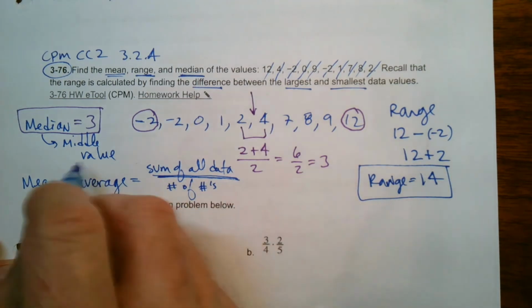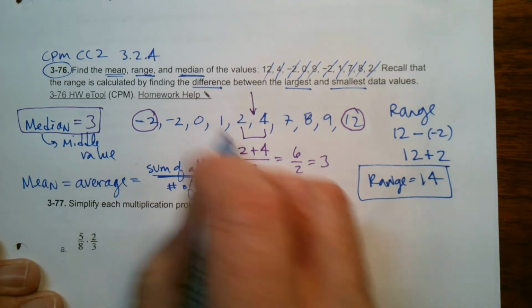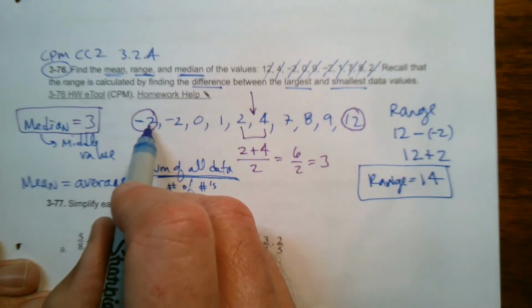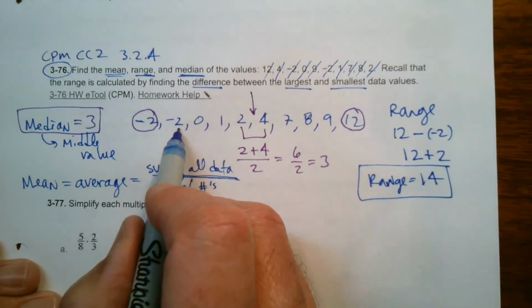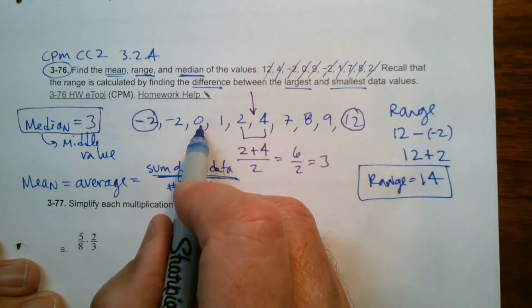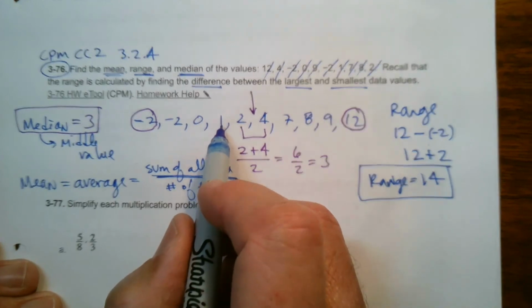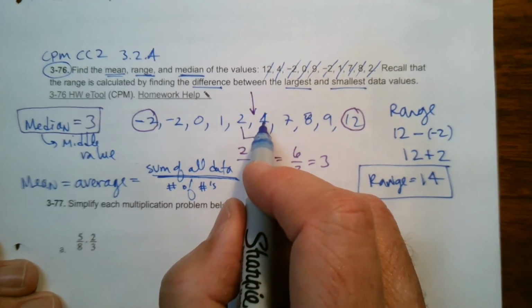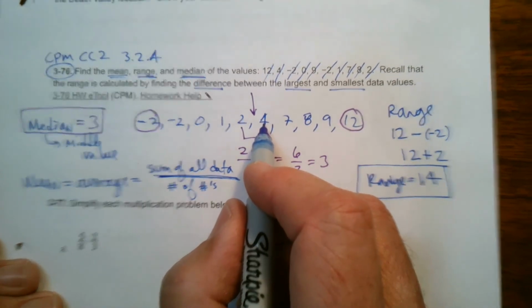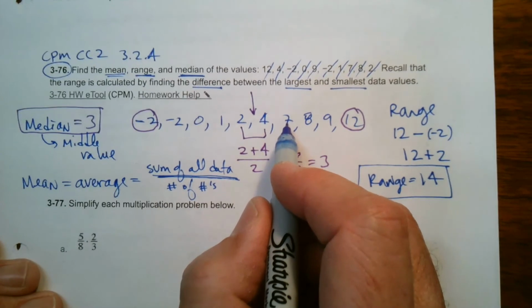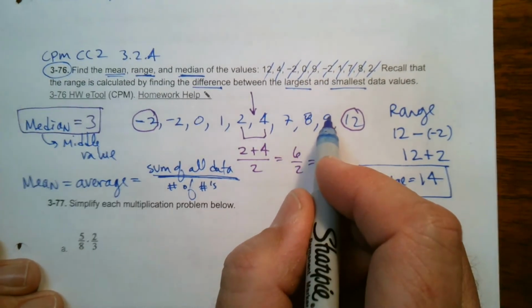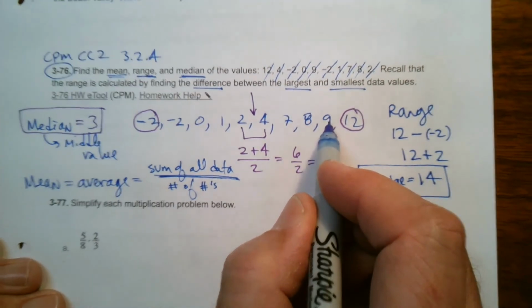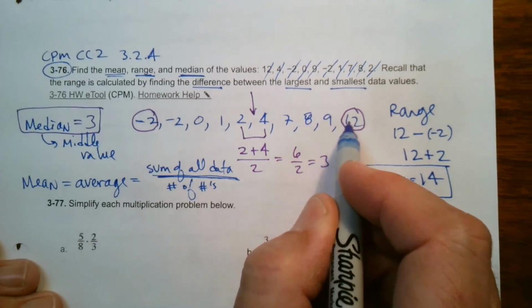So in this problem, we're going to add all these up. -2 plus -2 is -4, plus 0, still -4, plus 1, now I'm at -3, plus 2, now I'm at -1, and then plus 4, now I'm at 3, then plus 7 is 10, 18, 27, 37, 39.